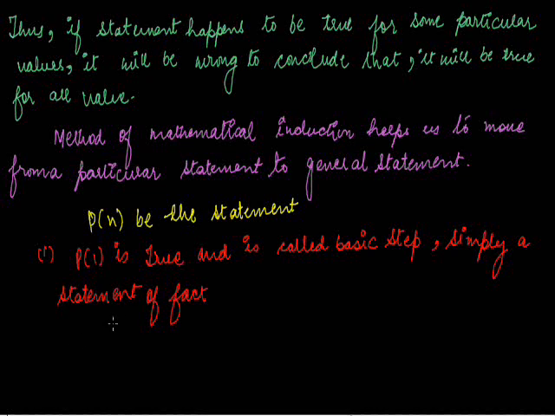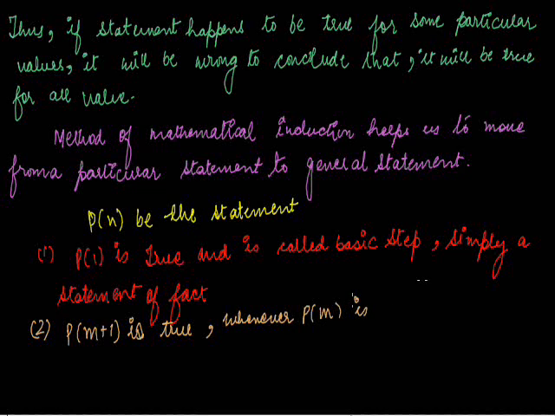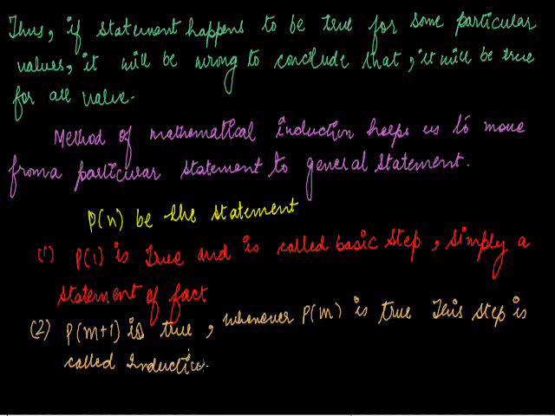Now the second step is: Pm plus 1 is true whenever Pm is true. This particular step is called the inductive step, and it is a conditional property.